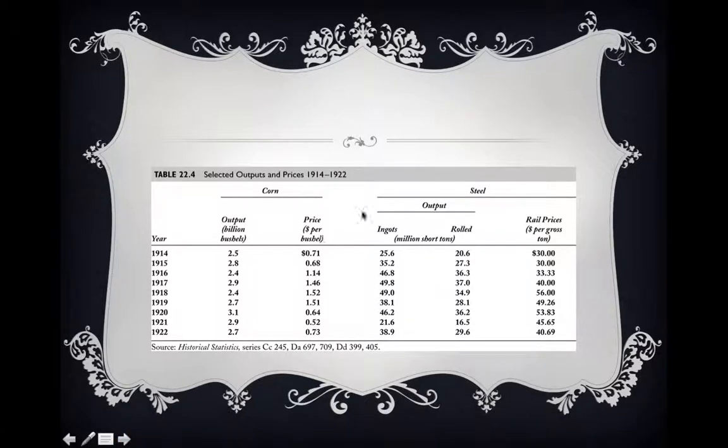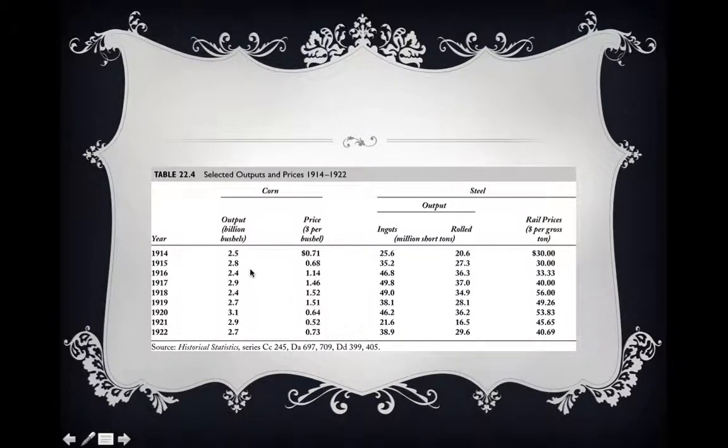Take a look at farm pricing. If you're a farmer during this time period, it's pretty good. If you're a corn farmer, you can see that prices double from 1914 to 1919. So on the farm, this is good. You see a doubling of prices in a span of 5 years. So you end up seeing roughly a 14 to 15% annualized inflation rate for your product.